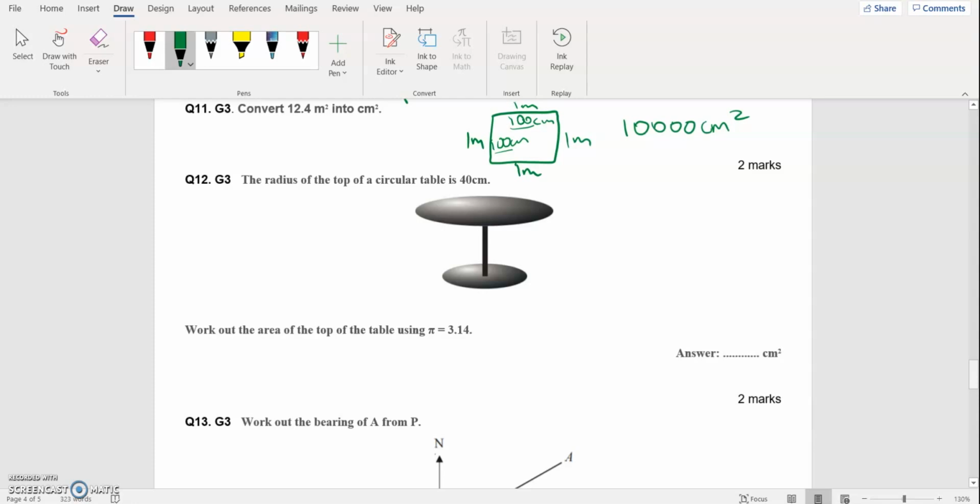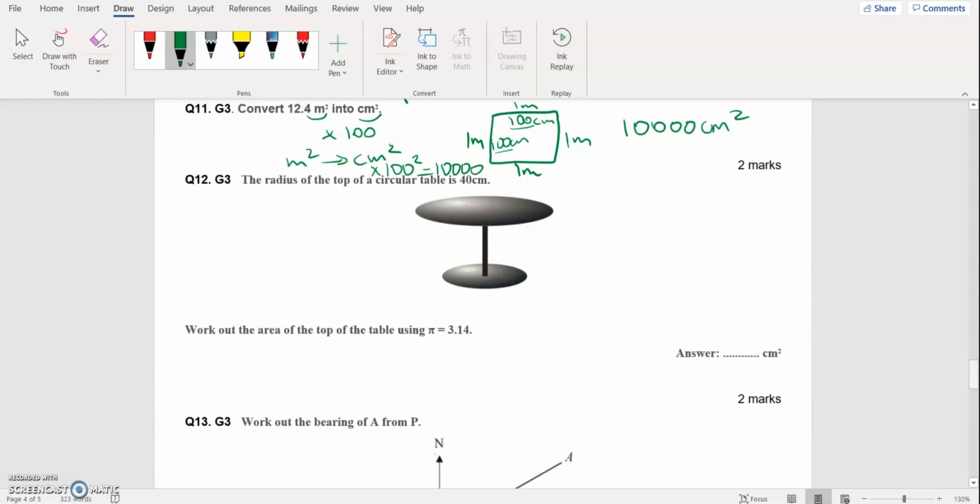So to convert from meters to centimeters we would have to multiply by 100, when converting from meters squared into centimeters squared, we'd have to multiply by 100 squared, which is 10,000.